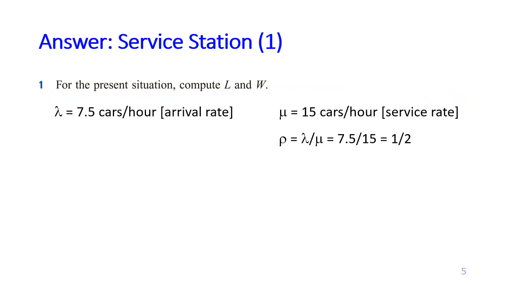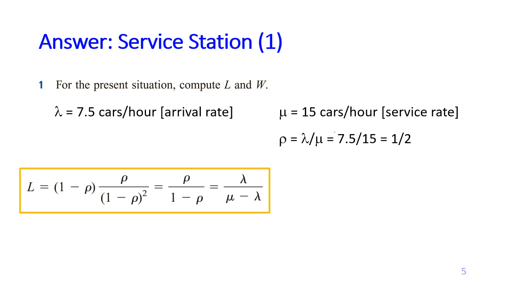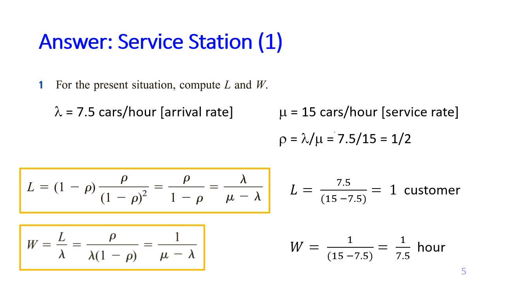The first question is very straightforward. We just need to compute L and W. You just look at the formulas for L and W for the M/M/1 queuing system and then plug in all the numbers that we've already got. Whether you want to use rho or lambda and mu, that's fine.